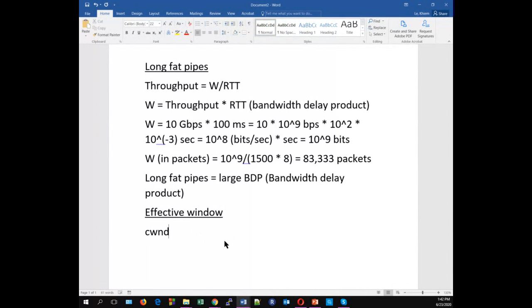Okay, so CWND is the congestion window, and it is used for congestion control. But there's another variable maintained at the sender, which is RWND, and it stands for receiver window.